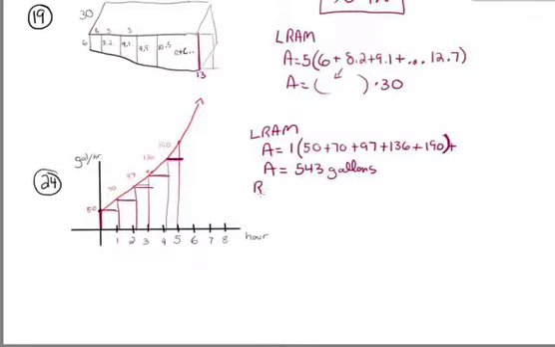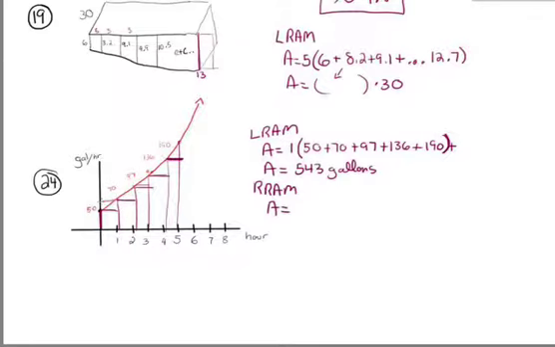If I use RRAM, that's going to be an overestimate, and the area there is going to be, this time, not the 50, the 70. Let's change color here. Let's go pink.